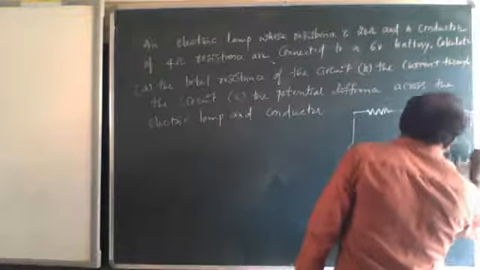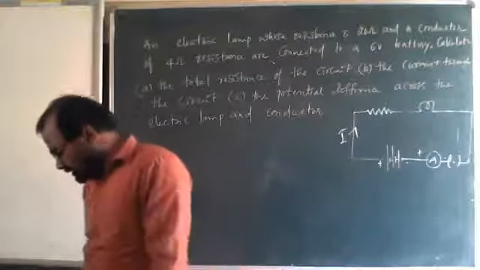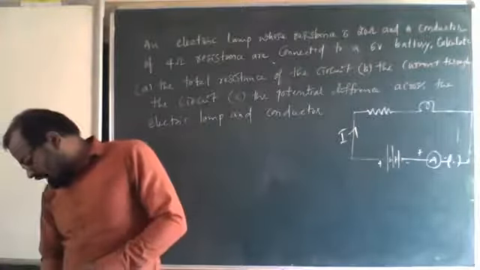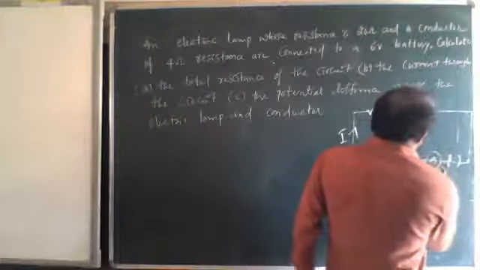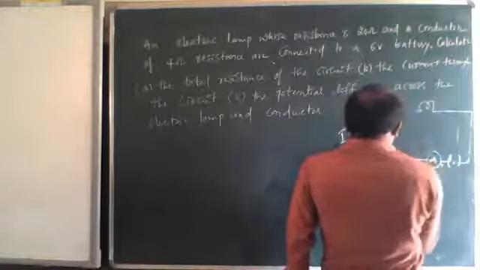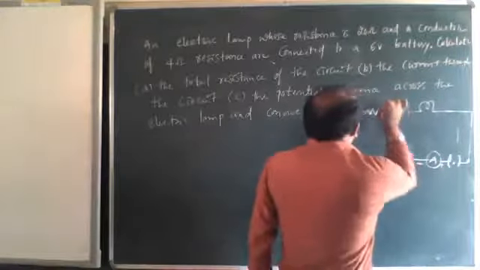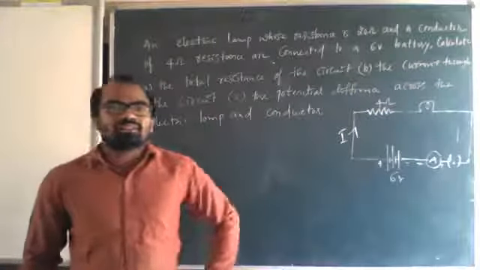This will be my key. Current is flowing in this. It is given in the book: 6 volt and 4 ampere, minus, plus, this is the key, 6 volt, and 4 ohms of resistance. So understand the question.